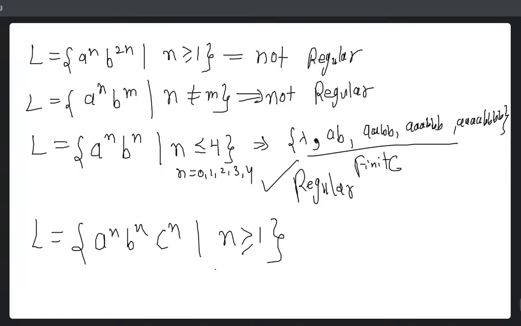So is it regular? Definitely not, because now there is dependency between A, B, and C: B depends on A, and C depends on B. So it is not regular.